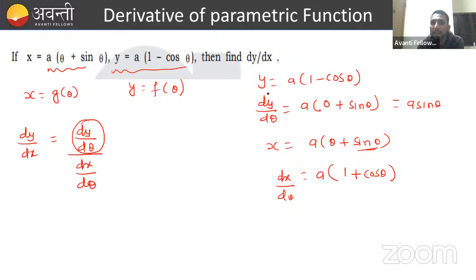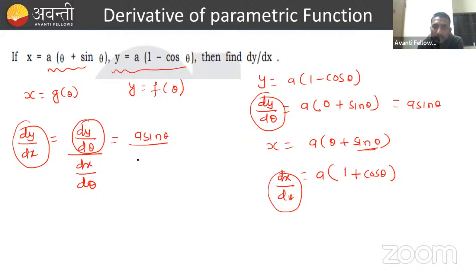Okay, so we have found dy by d theta and dx by d theta, but we have to find dy by dx. So I will put dy by d theta as a sine theta, and I will put dx by d theta as a into 1 plus cos theta. So a will be cancelled out, and it is sine theta divided by 1 plus cos theta. So this will be your dy by dx.